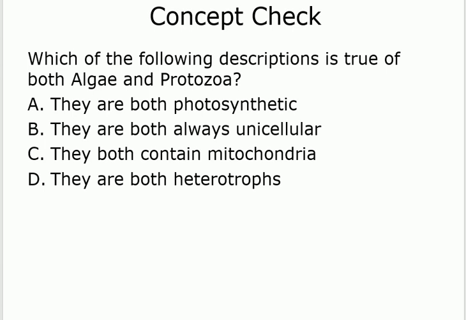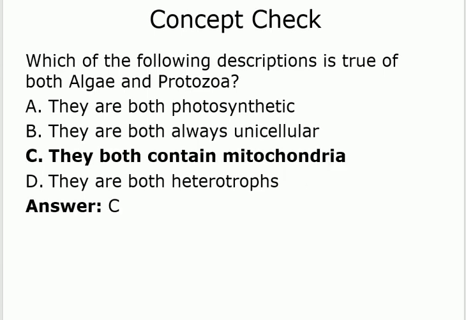Both of them have mitochondria? Every single organism has mitochondria. All these eukaryotes have mitochondria. So yeah, that's true. Are both of them heterotroph? Which one is heterotroph? Protozoa, right? We know that all eukaryotes have mitochondria anyway, right? This is where they make the ATP. Okay.